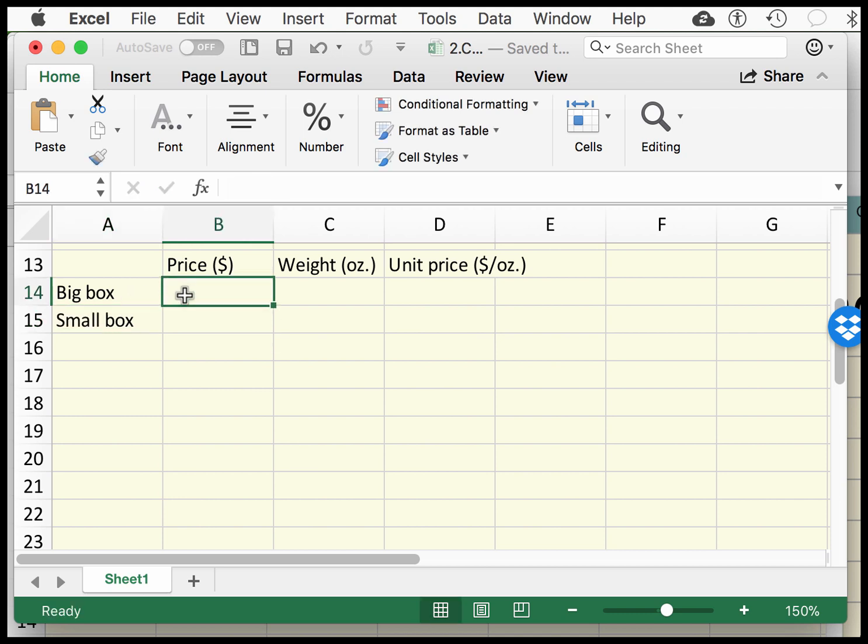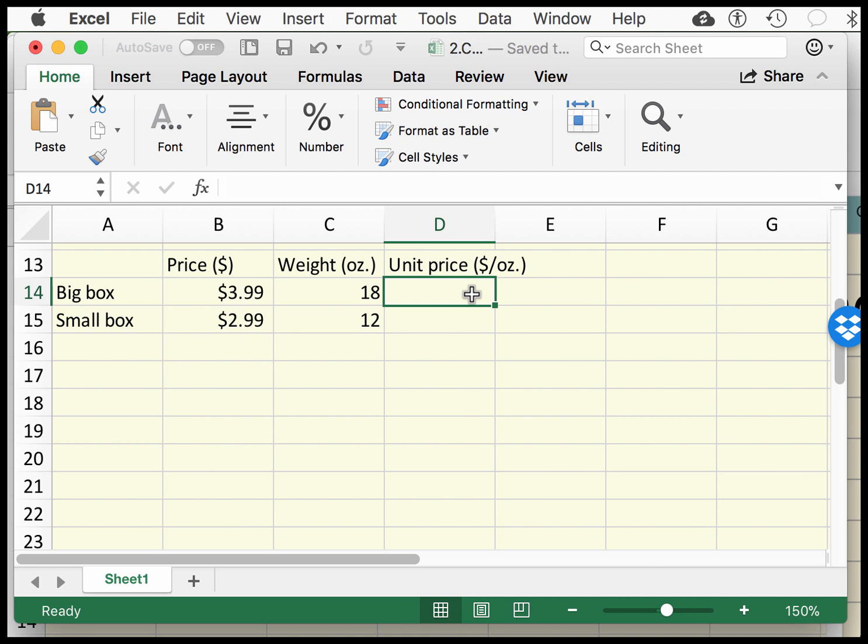Okay, the price for the big box was $3.99. And it weighed 18 ounces. The price for the smaller box was $2.99, and its weight was 12 ounces. To get the unit price, you divide the price by the number of units.